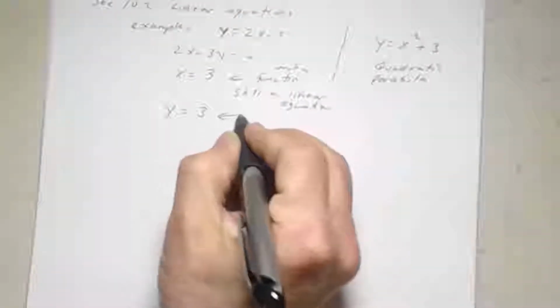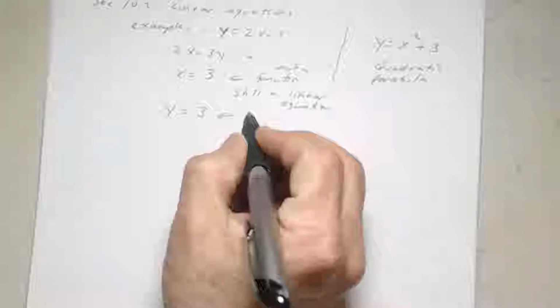Now that is a function. You'll see why it's a function in a little while. Not a little while, but we're going to talk about functions next class period. But it is a function. It's also linear because y is being raised to what power? 1. This is a function. Now don't worry about the idea of function yet. You're going to learn about that next class period.